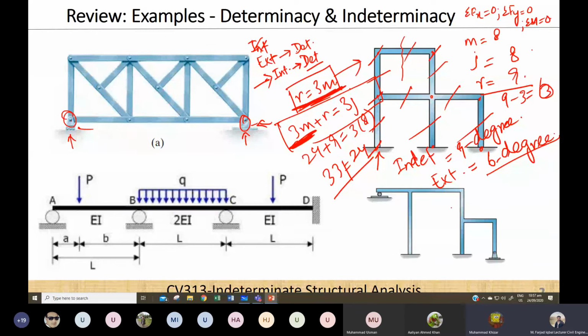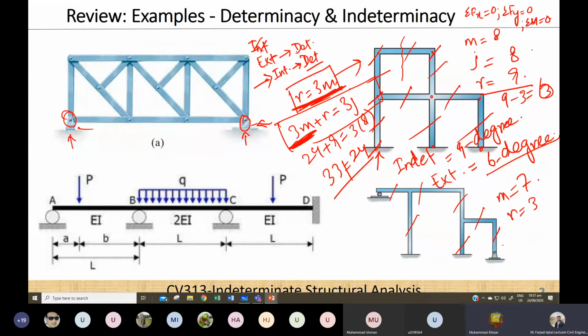What about this frame? How many members we have in this one? 7 members, 1, 2, 3, 4, 5, 6, 7.